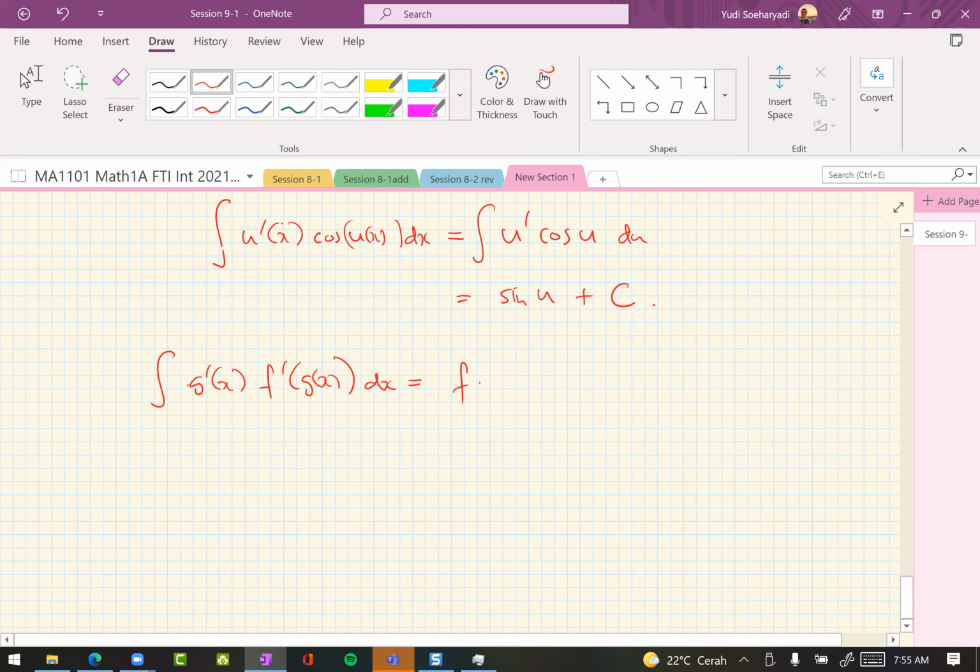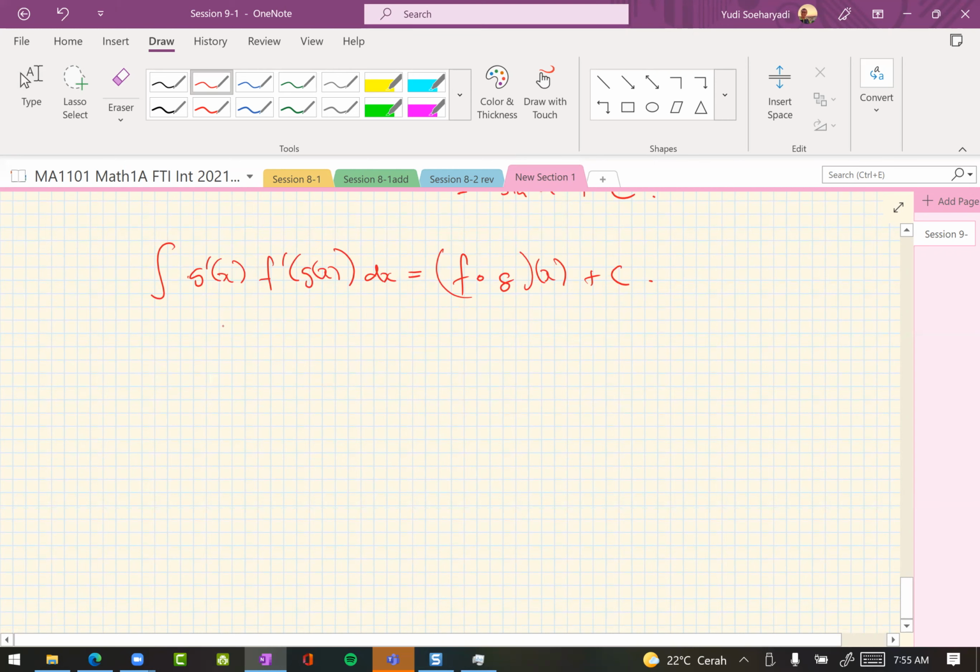This is just f. And this is what we call the substitution method. Why do we call it the substitution method? Because we let u equal g of x here, and compute the differential du. We know how to compute the differential: g prime times dx.